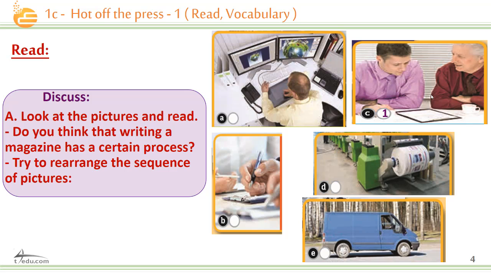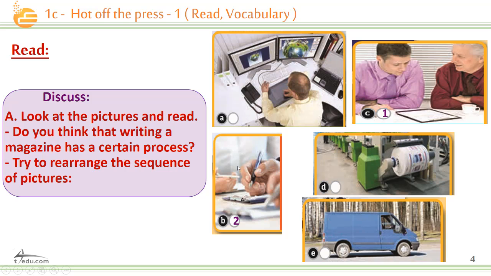Number two, what do you think? Very good. It's B. They sit and they discuss the topics, the pictures that they are going to add, the articles that they are going to add in this magazine. So, number two is also a meeting together in order to discuss the articles.